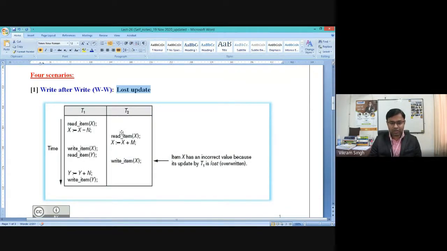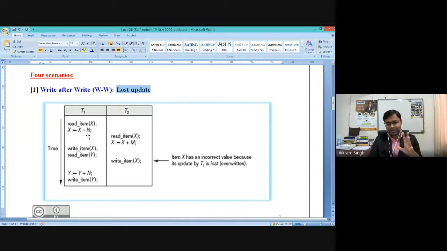There is also a time axis, because we are capturing the time for each instruction and each operation. There is a data item called X. X is accessed by T1 in the very first moments. Maybe both transactions started at the same time, but T1 started reading item X prior to T2, right? So T1 has read X, and has modified the X value with some N.